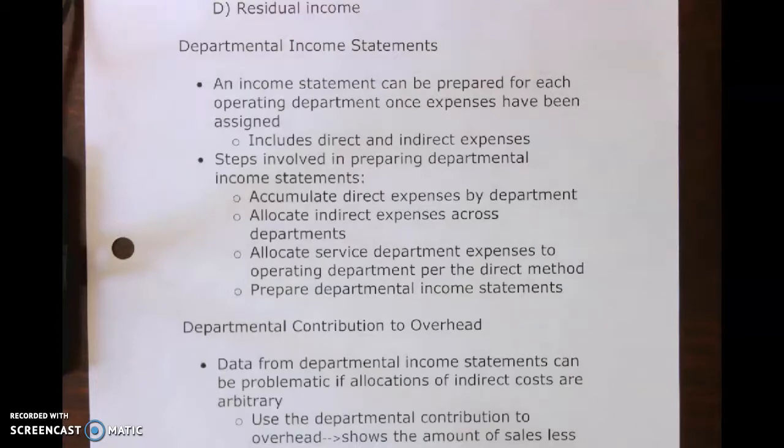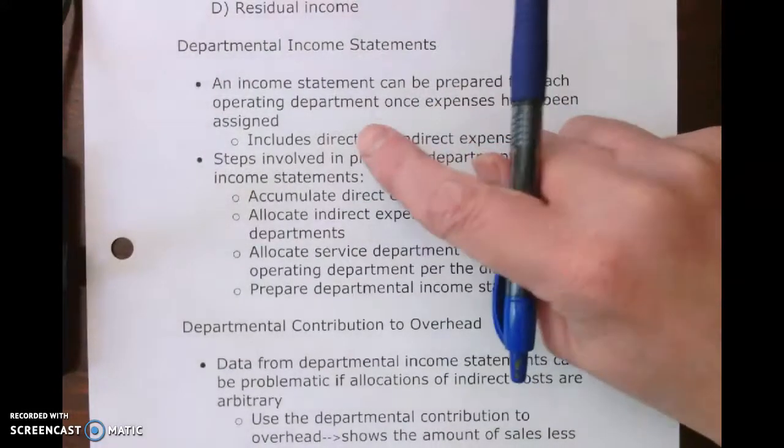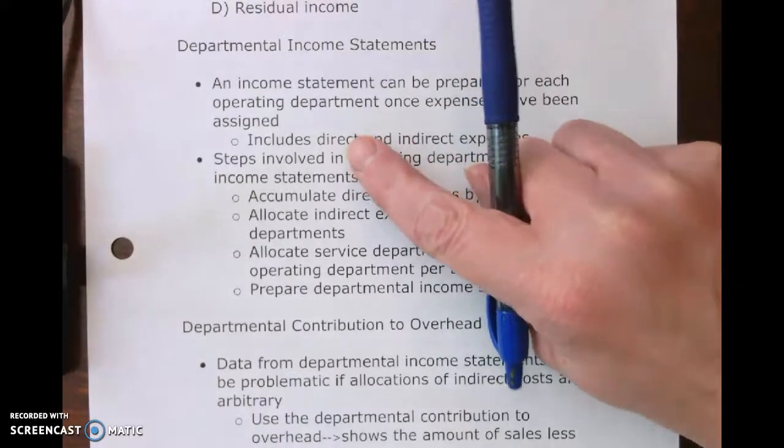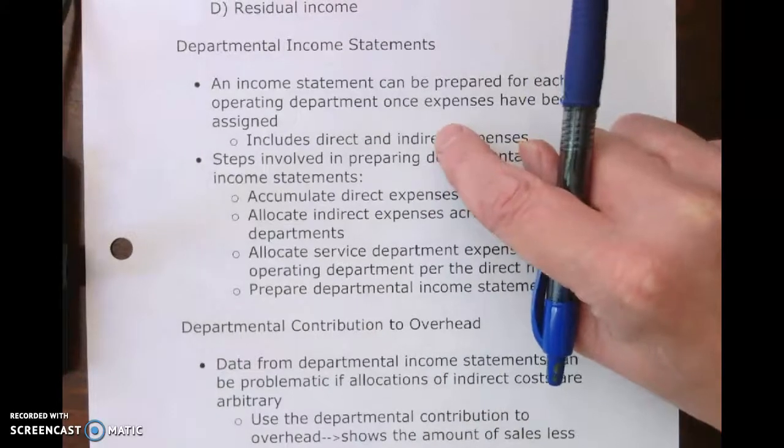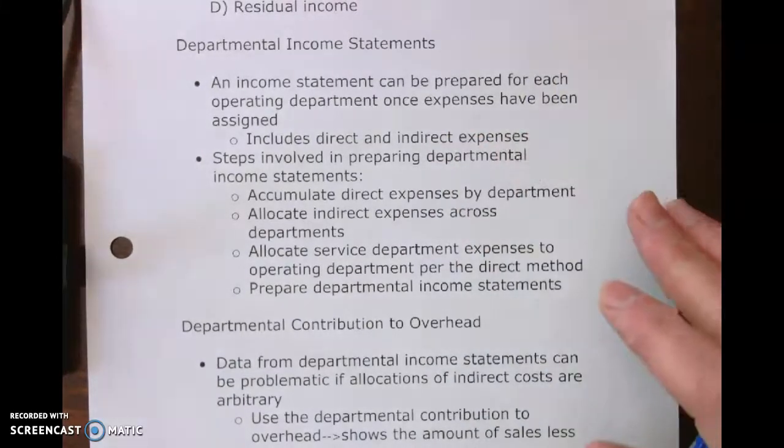The cost object in this particular case, a departmental income statement, is not the products that we make, but the department itself. So when we talk about direct, we mean, can it be easily traced to the department? Indirect, it can't be easily traced to the department.